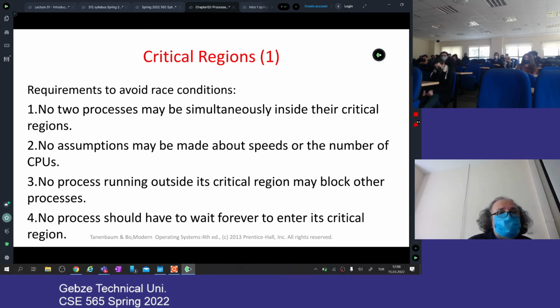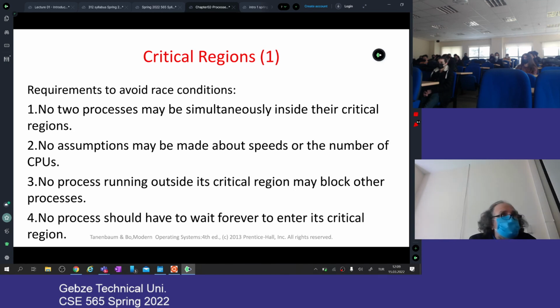To avoid race conditions with the help of critical regions, we need to be careful about these conditions. These are the requirements. If you define a critical region, the number one rule is that no two processes may be simultaneously inside their critical regions.